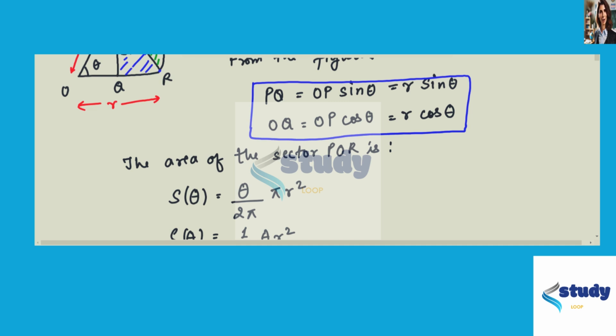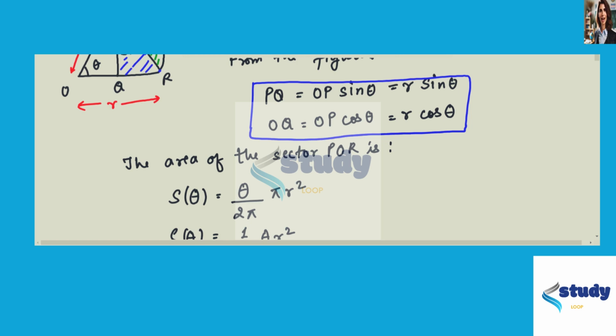So for every theta divided by 2 pi, where 2 pi is the whole 360 degrees for a whole circle.